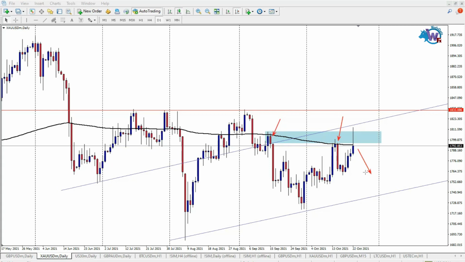But be it as it may, I'm still going to be holding on to the weekly buyers by looking out for buys. I'm not going to be looking out for sales. The only time I can look out for sales is if price breaks Friday's low.